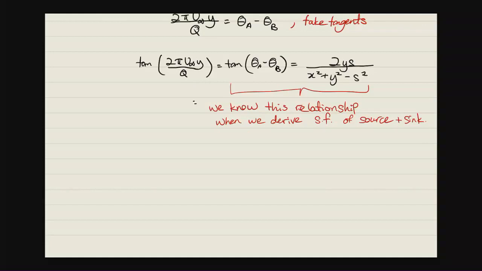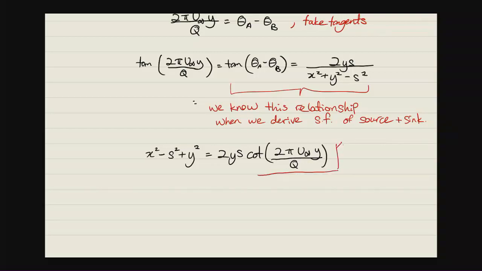And I end up with the equation of my separatrix, which is x squared minus s squared plus y squared equals 2ys cotangent, which is 1 over tangent, of 2 pi u infinity y over q.